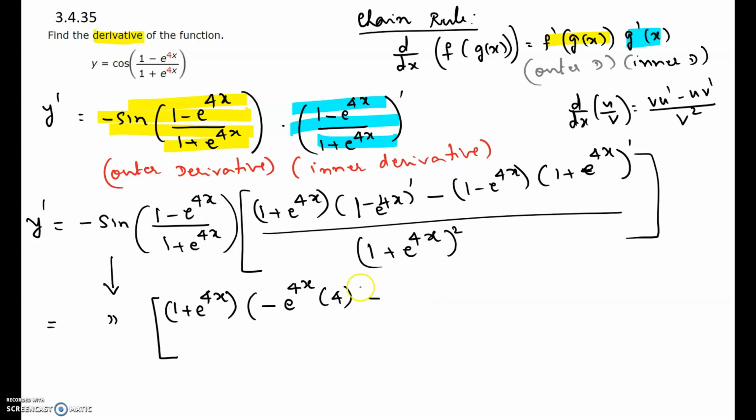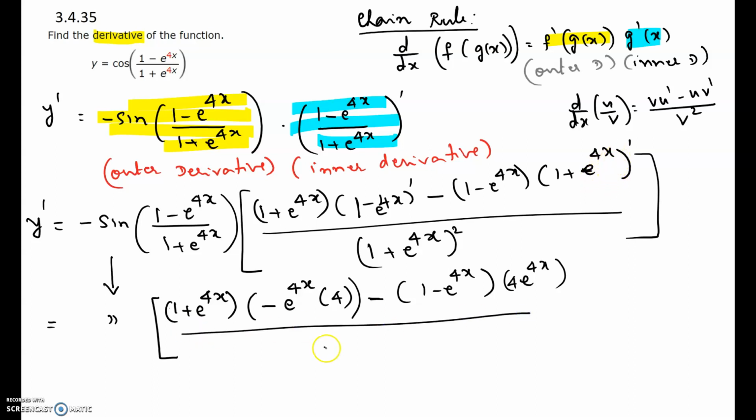Minus, so that is the first part, then we have minus (1 minus e to the 4x) times the derivative of 1 plus e to the 4x. The derivative of 1 is 0, the derivative of e to the 4x is 4 times e to the 4x, again outer derivative times inner derivative. In this part also we apply the chain rule, divided by (1 plus e to the 4x) the whole squared.